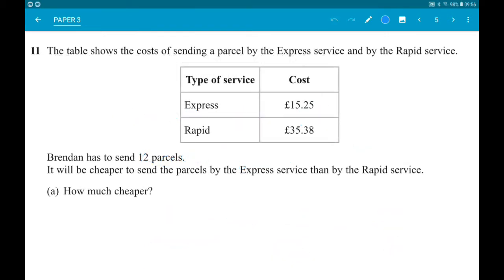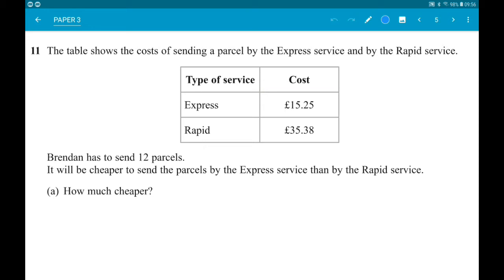Number 11, now the table shows the cost of sending a parcel by express service and rapid service. Brendan has to send 12 parcels. It will be cheaper to send the parcels by the express service than by the rapid service.